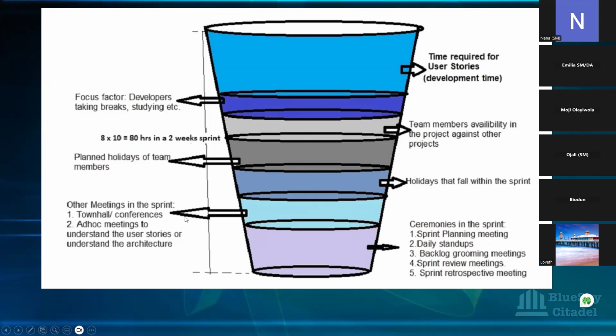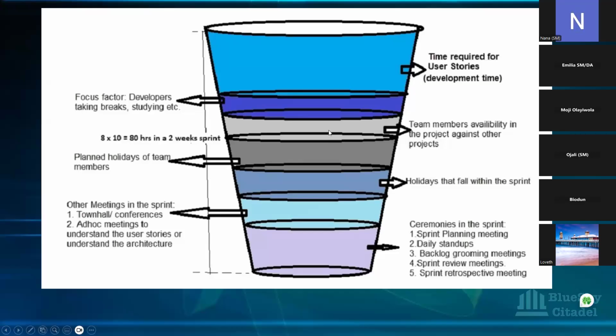That is what needs to be done. Other meetings, like I said, conferences, ad hoc meetings, trainings, and all that would also be taken out. Holidays that fall within the sprint, those will be taken out. Like I said, bank holidays and all that fall within the sprint will be taken into consideration, and those hours of the day will be taken out. Planned holidays for team members would be taken out.